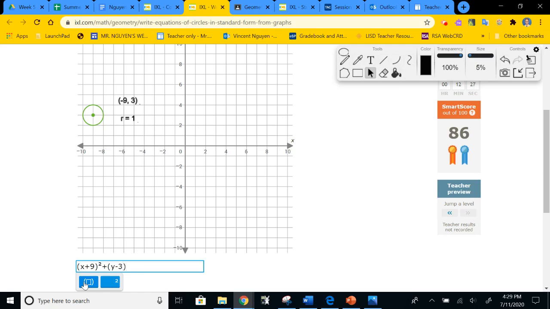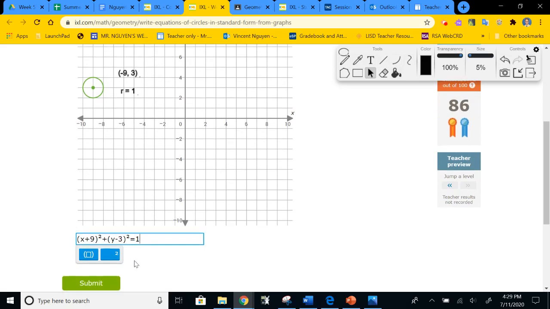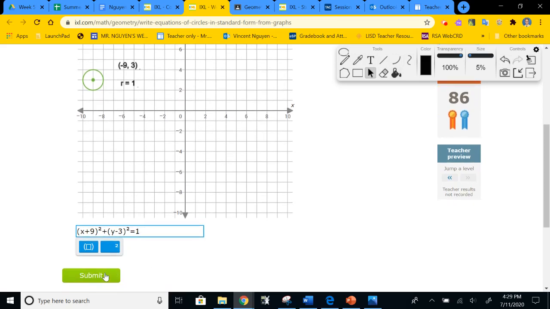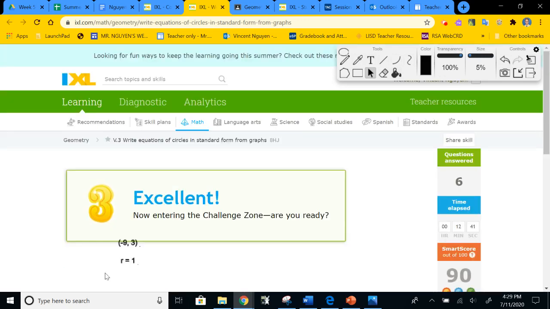I can just put minus 3, and then square that, equals to 1 square. Well, 1 square is just 1, so if you put a square, I don't think anybody's gonna yell at us. So let's submit that. Yay.